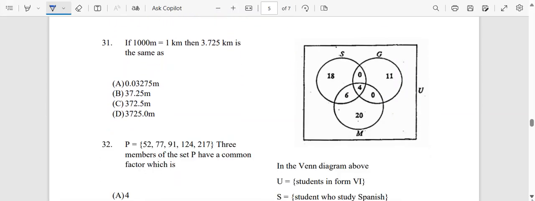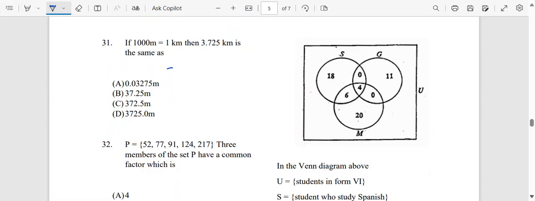Continuing. If 1000 meter is equal to 1 kilometer, then 3.725 kilometer is the same as, it's the same as 1000 meter is equal to 1 kilometer. Then they're asking you in terms of meter, what's our answer?